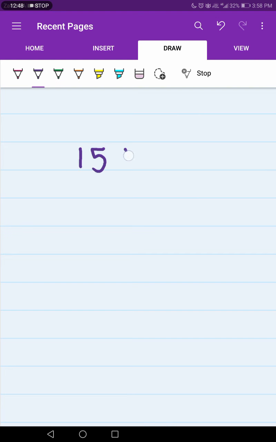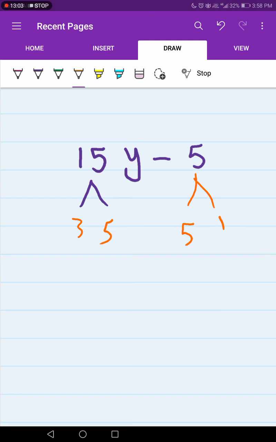One more example here: 15y minus 5. Find the common between the 15 and the 5. The factors are 3 and 5 here, and 1 and 5 here, so the 5 is the common. So I draw my parentheses here, and what is the sign here? It is minus, and the common is 5.